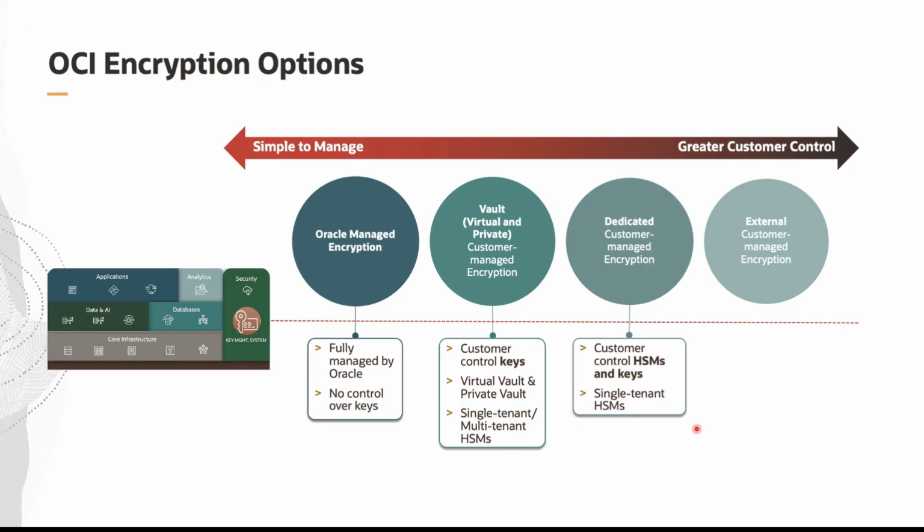In Dedicated KMS, you gain full control and ownership of these partitions. This means you can utilize standard interfaces like PKCS #11 to execute cryptographic operations, granting you greater flexibility and customization. However, it is important to note that while you have control over the HSM partitions, Oracle continues to administer them for security measures like firmware patching and overall system integrity.